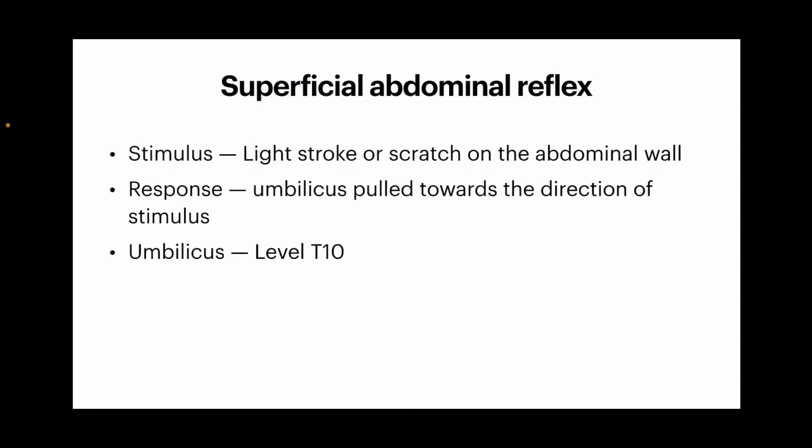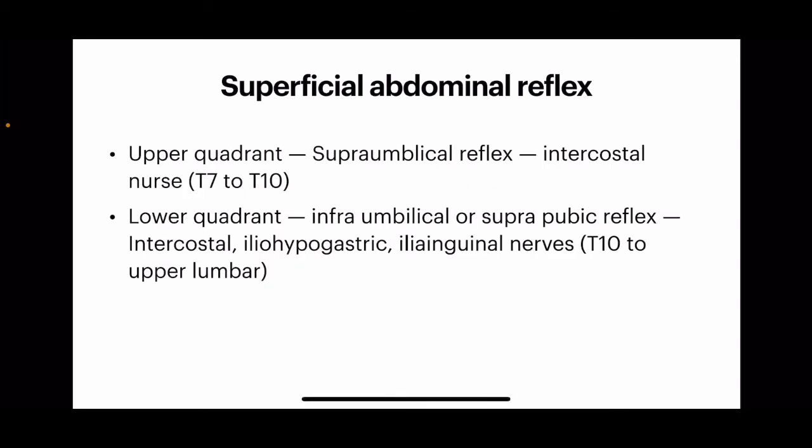The segmental level at the umbilicus is T10. There are two abdominal reflexes. One involves the upper quadrant, called the supraumbilical reflex, mediated by the intercostal nerve, and the root value is T7 to T10.